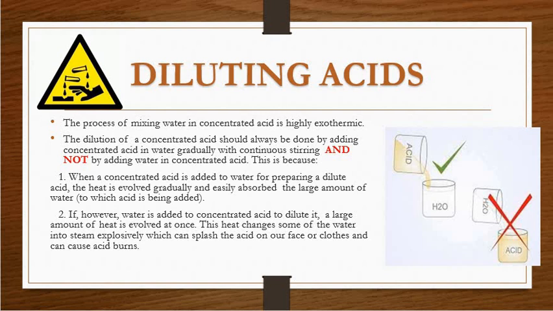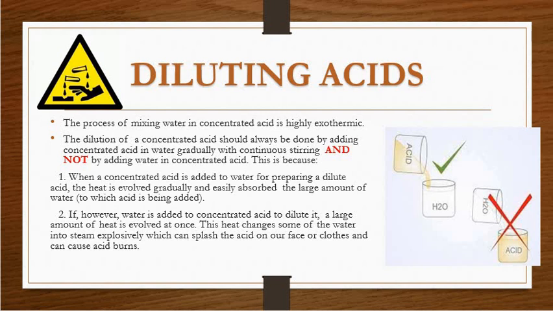This is because when concentrated acid is added to water very slowly, gradually with constant stirring, the heat evolved by the mixing of acid and water will be gradually absorbed by the large amount of water in which the acid is being added.